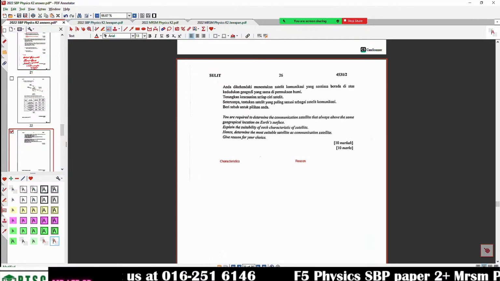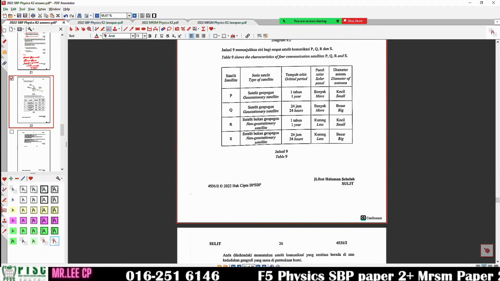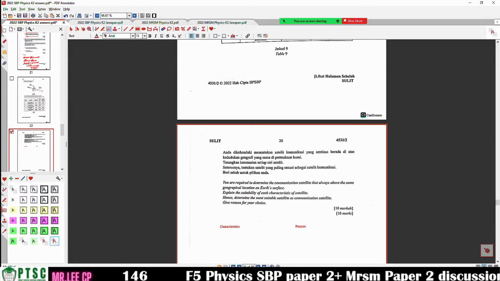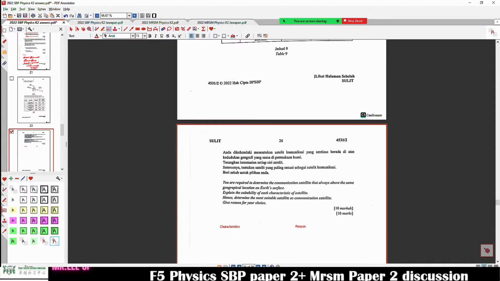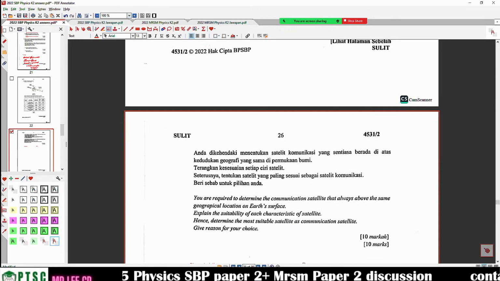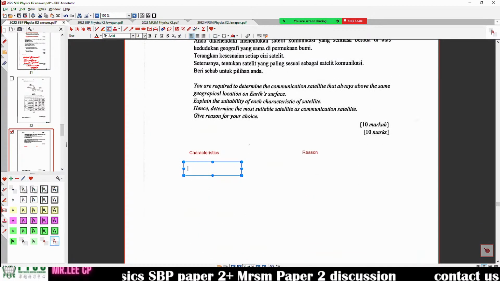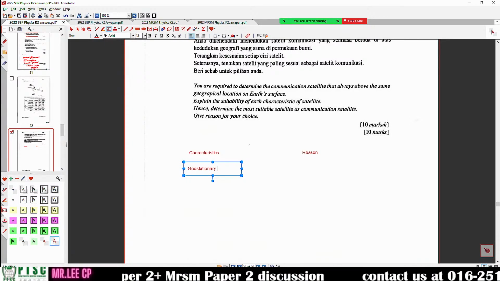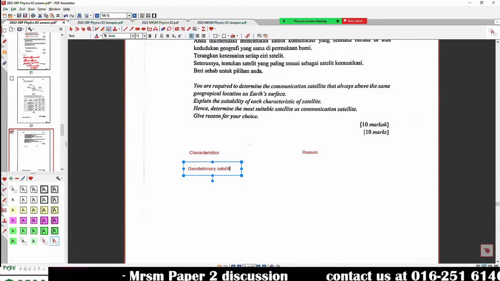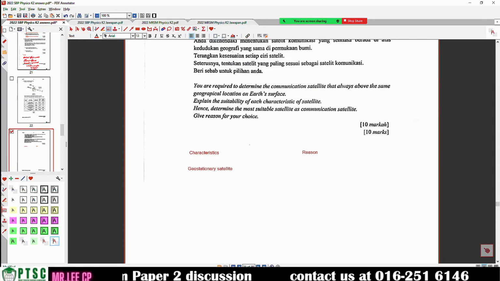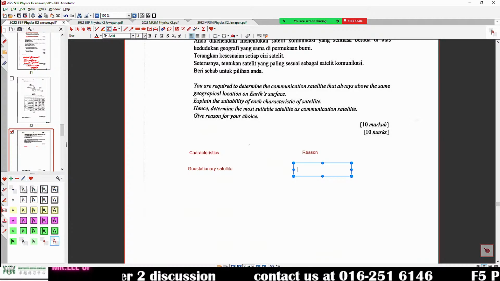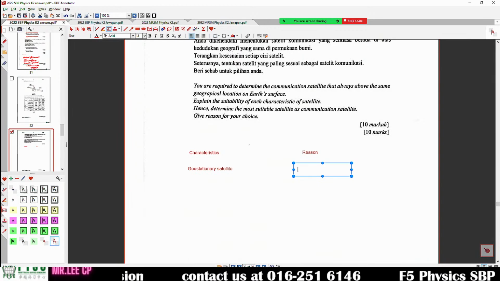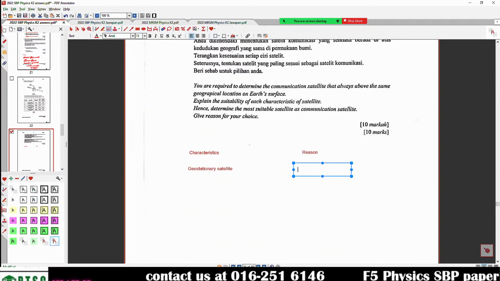Right, reason. So first one, we are going to choose geostationary satellite. Make it bigger. Reason why: because you use geostationary because you want it always at the same location at your top.